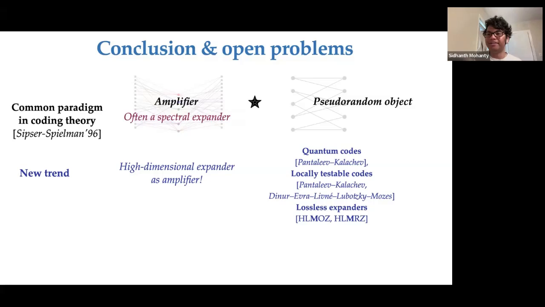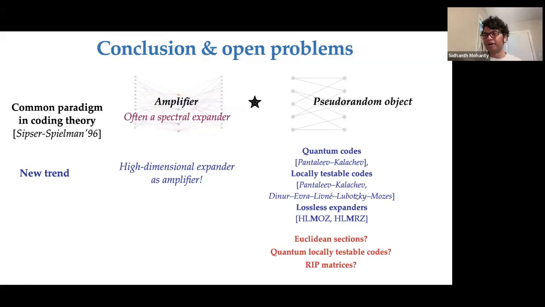So in these works, the main innovation over the age-old paradigm of amplifying a pseudo-random object was that instead of using a standard spectral expander, you use some high-dimensional expander-like object. In some sense, these works on quantum codes and locally testable codes used a two-dimensional version of the cubical complex, which they call the left-right Cayley complex.